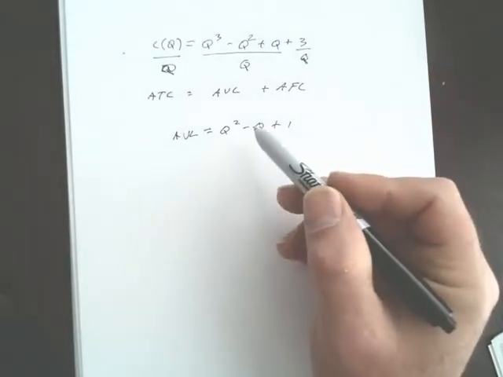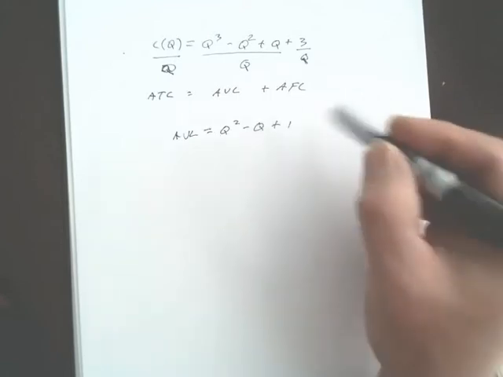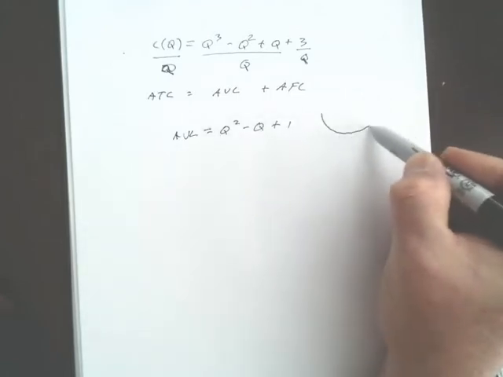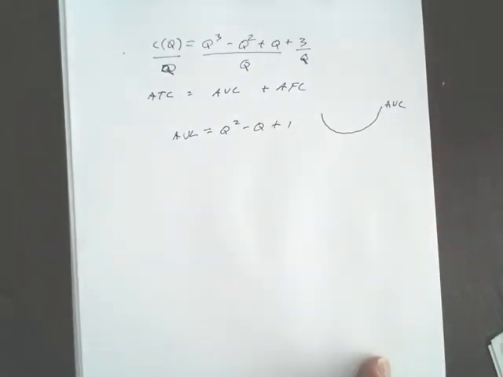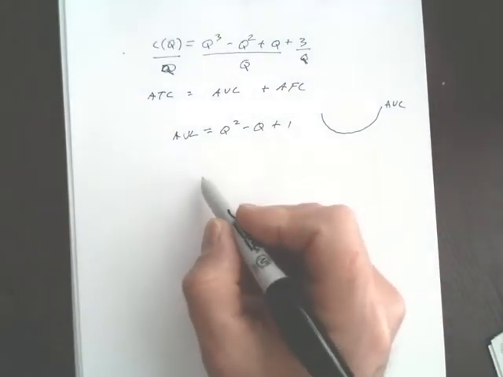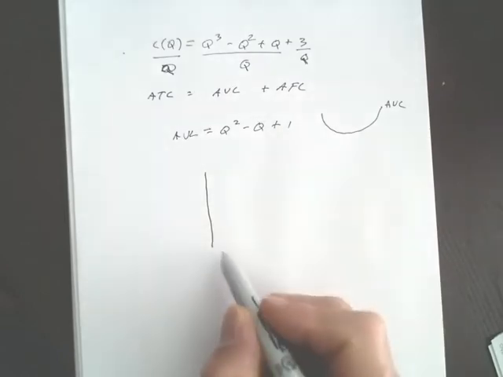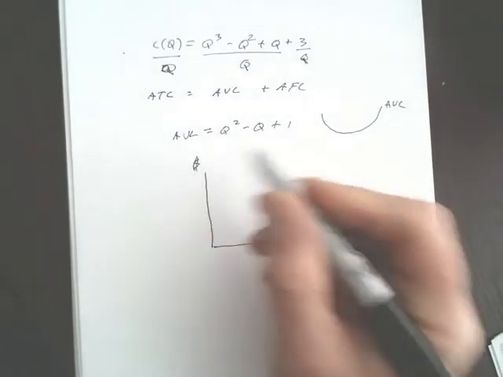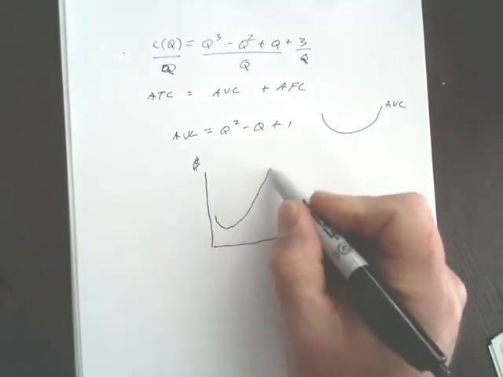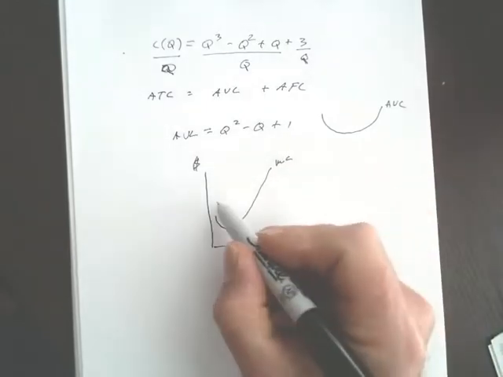It's also concave up, okay? So it would be a U-shaped average variable cost function. And if you remember back in introductory microeconomics, that's what we're used to seeing. We're used to seeing cost functions or cost models that look like this.